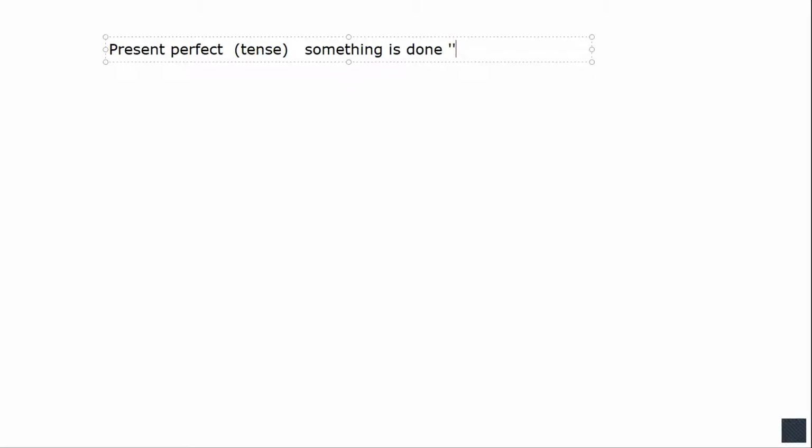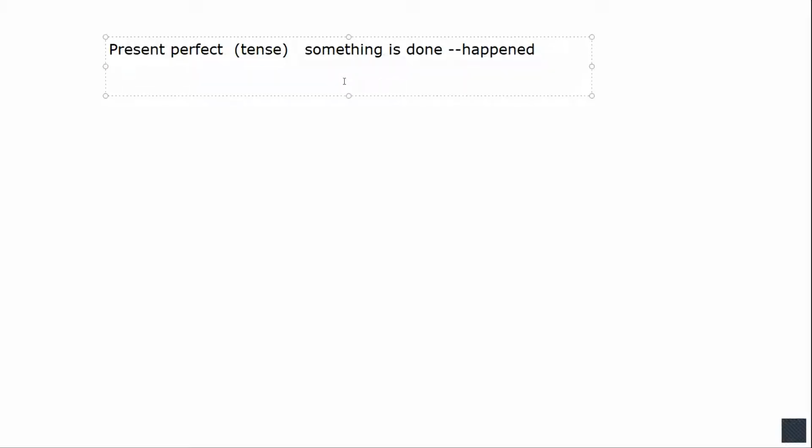Okay. This is not that hard. Here's what this is. Present perfect. Because you may hear people using this. Actually, this is present perfect. It is a tense. It is, in fact, a tense. And even though it's got the word present in it, it really is saying that something is done. It already happened. But it's using a specific structure.